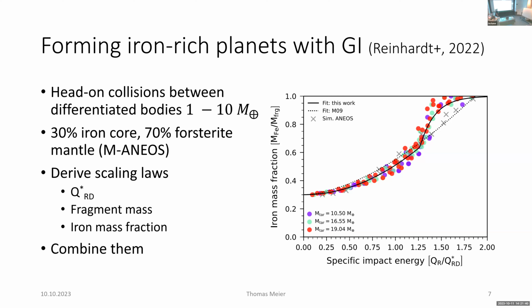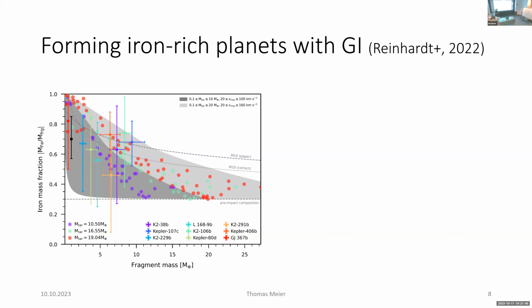And by combining these scaling laws, we were able to create this figure where we have on the x-axis the fragment mass, like the mass of the exoplanet you're looking at, and on the y-axis the iron mass fraction, and in these shaded gray regions we see what is theoretically possible to generate by a giant impact.